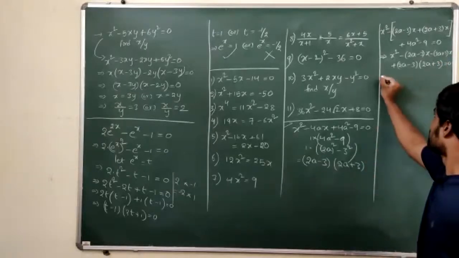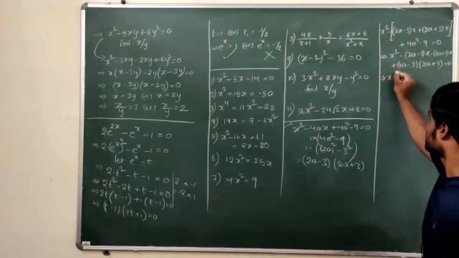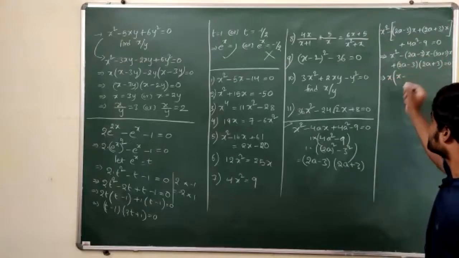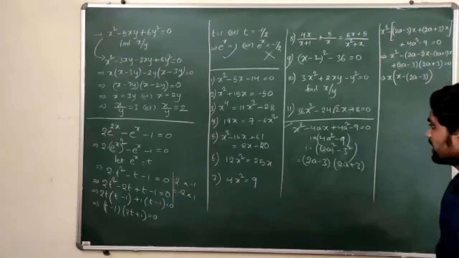Yes. Now take x common from the first two terms, you will get x minus of 2a minus 3.